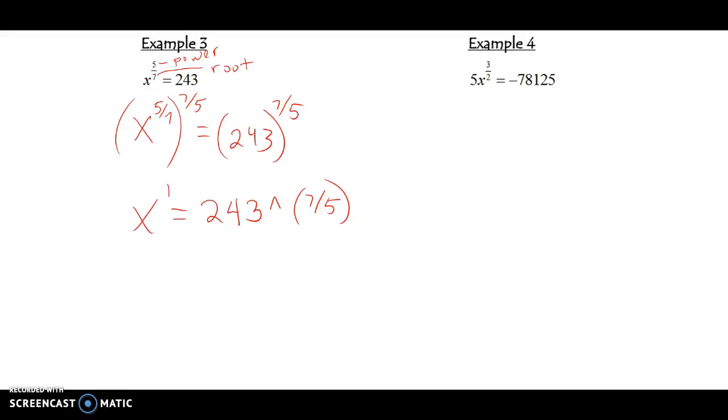So I'm going to calculate that on my calculator, and I get 2,187. So I can test this. What I'm saying is that 2,187 raised to the 5/7 power better equal 243. So I can check that.